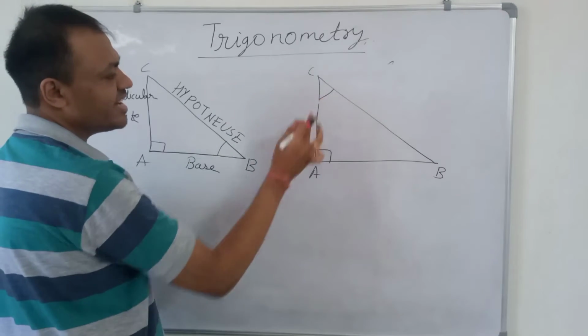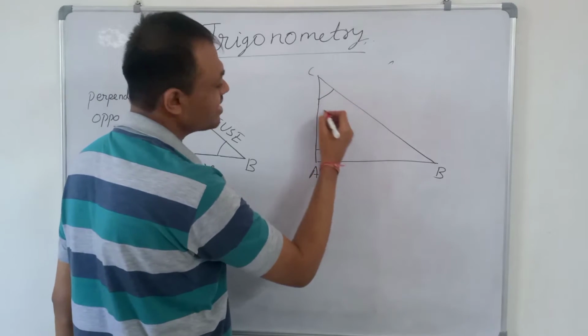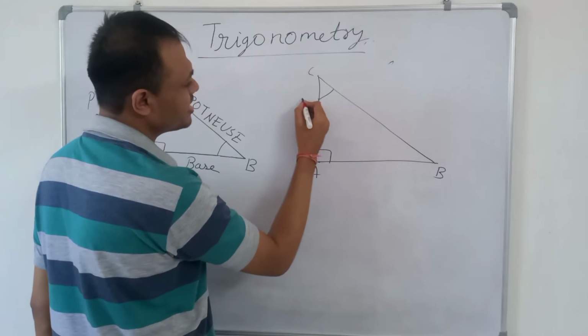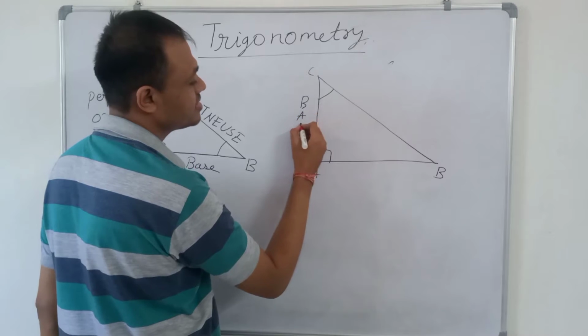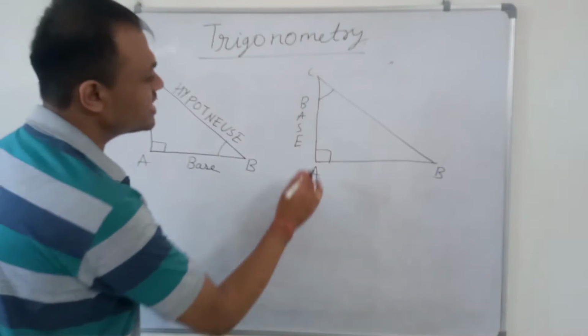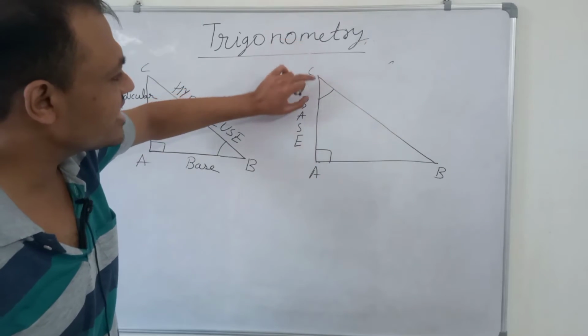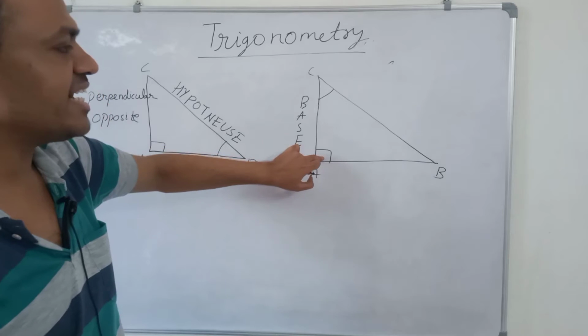Now here the angle is at C. So if the angle is at C, then the line AC will be the base, because the line AC contains this angle as well as this right angle.